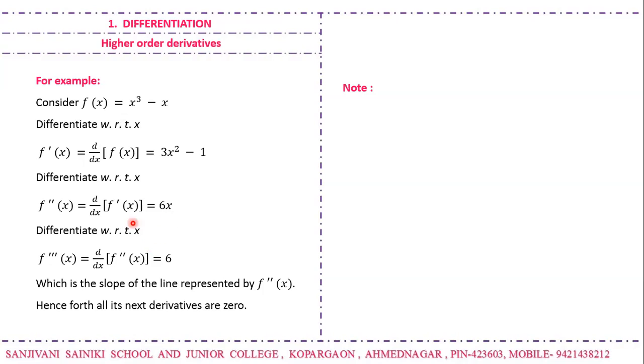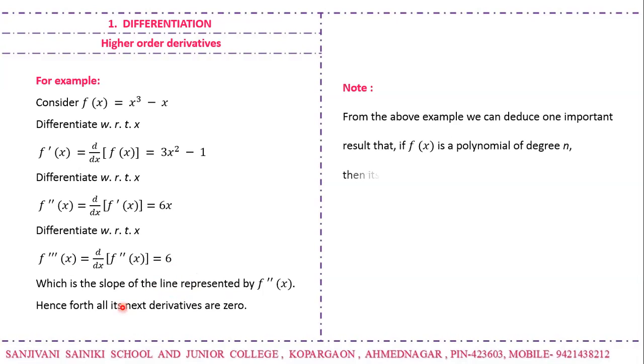Now if we again differentiate this, we get the derivative 6, so the third order derivative is a constant. If we again differentiate this function, we get the fourth order derivative and it is 0, and hence all the derivatives from the fourth order onward are 0.